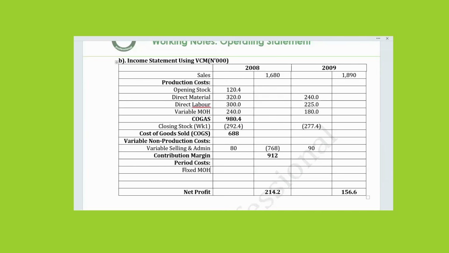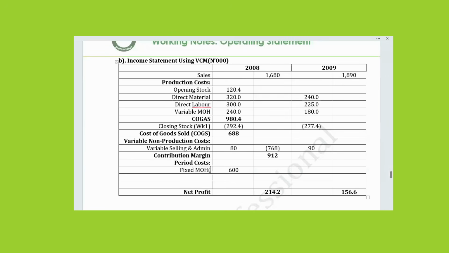So, according to the question, the budgeted output is 200,000 units. Fixed overhead absorption rate is 3 naira. Therefore, 3 naira multiplied by 200,000 will give us 600,000. So here will be 600,000.